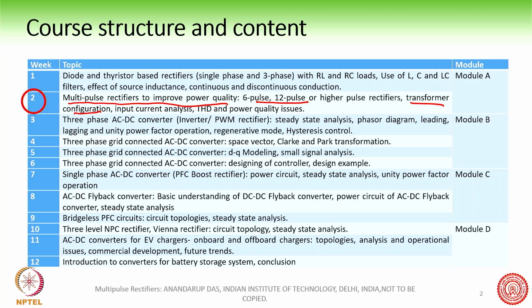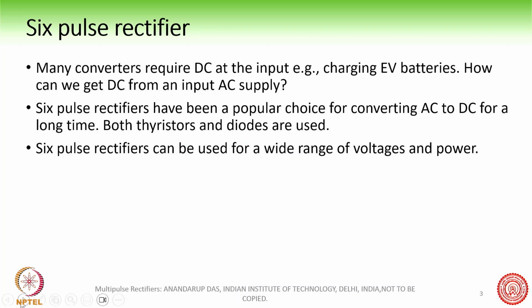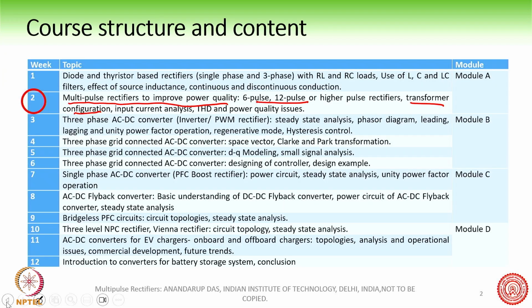So the solution that we are going to talk about today is multipulse rectifiers. This is a cheap solution, and it basically consists of a transformer and usually diode rectifiers, although an active front end is possible.